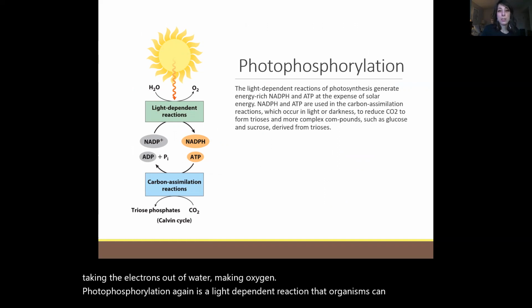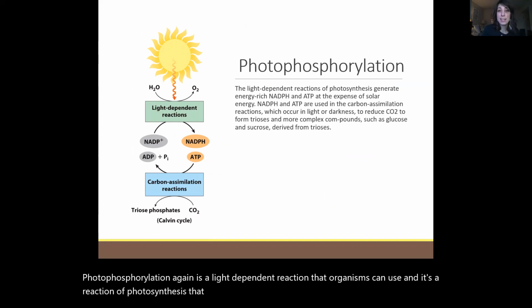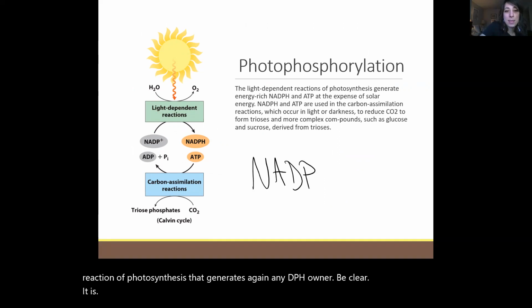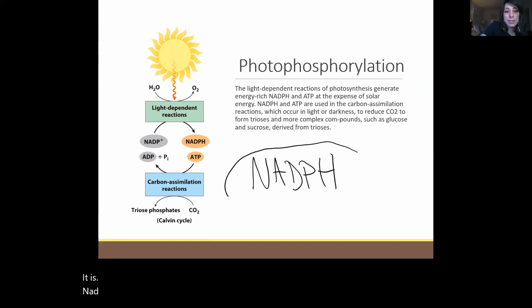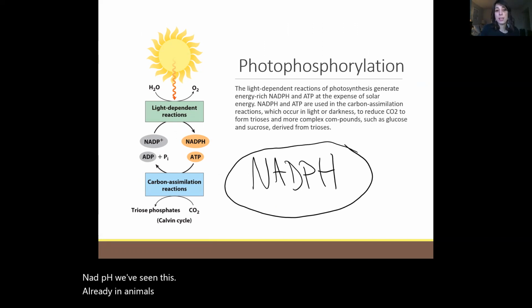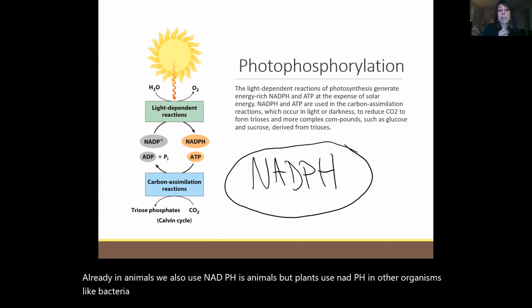And it's a reaction of photosynthesis that generates, again, NADPH. I want to be clear, it is NADPH. We've seen this already in animals. We also use NADPH as animals, but plants use NADPH, and other organisms like bacteria will use NADPH as their main carrier molecule.